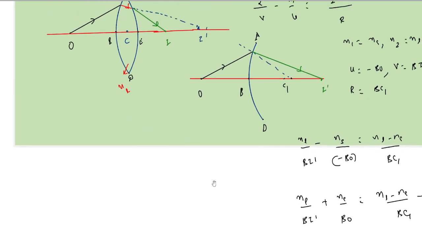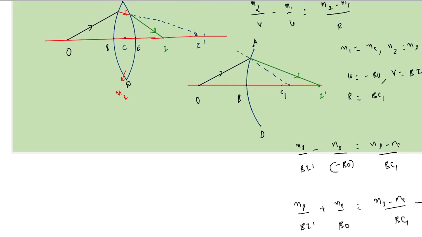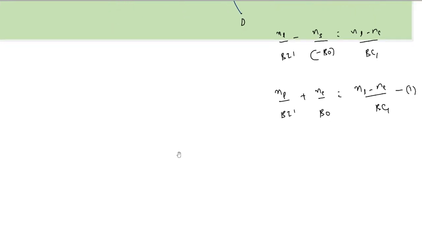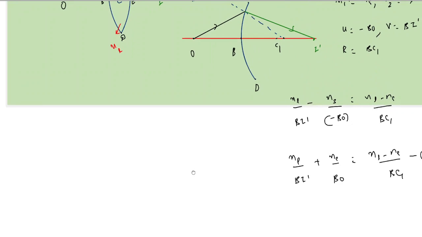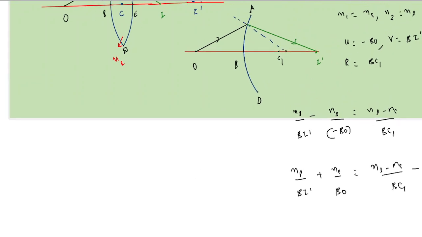We take second surface now. The second surface, I will draw it here itself. The second surface, it's like this. This is the surface, and this is the principal axis.